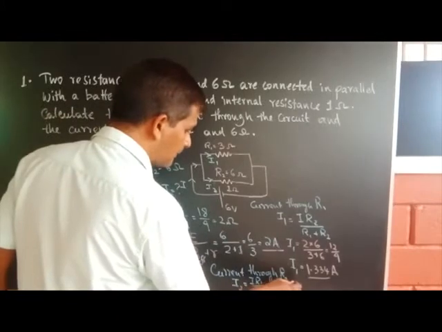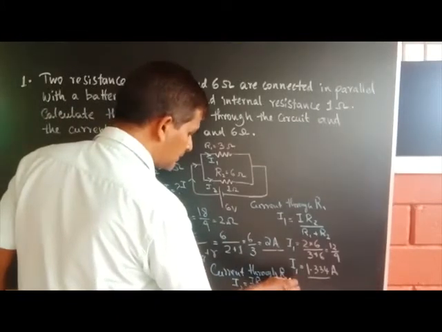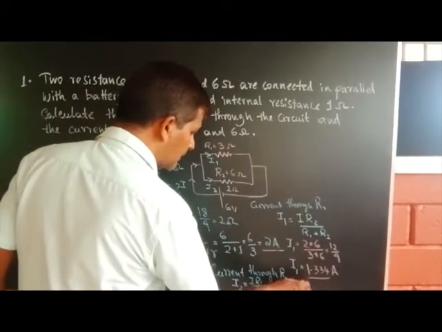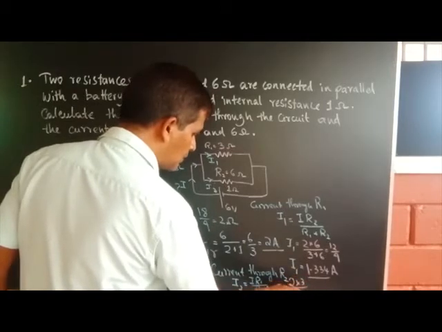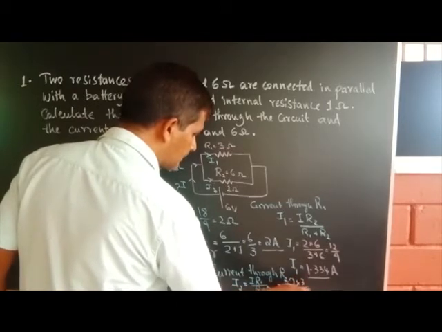If we simplify, the main current is 2 into 3 divided by 3 plus 6.